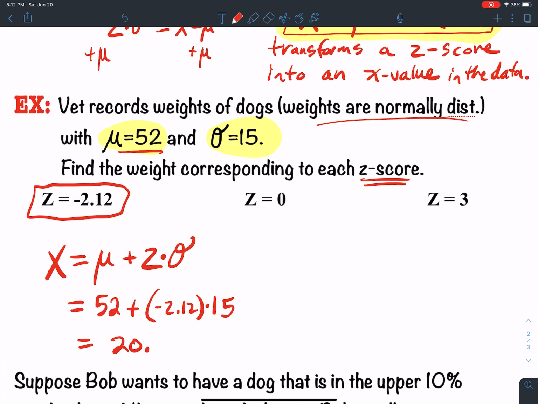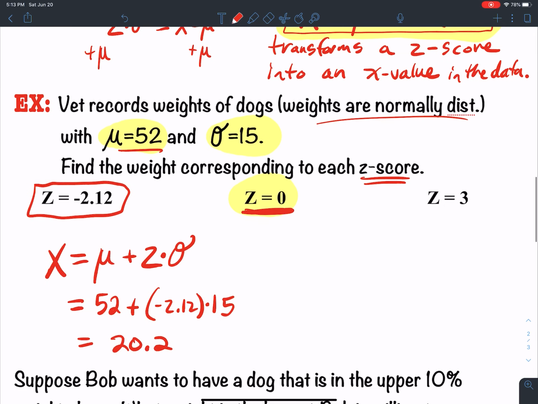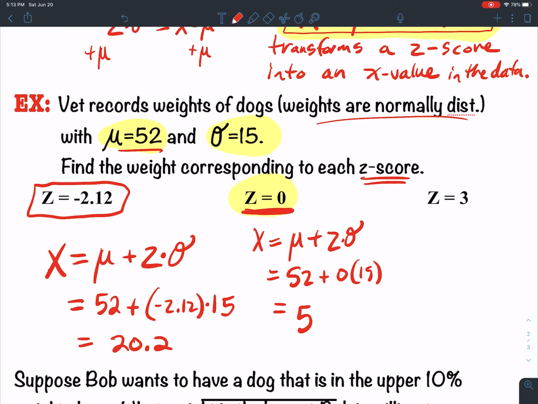I get 20.2. Now, if z equals 0, remember, you can have a z-score equal to 0. That's whenever the value is actually equal to the mean, but we'll work through the math anyway. The mean plus z times the standard deviation, so this is going to be 52 plus 0 times 15, which is 0, so this is just 52. Okay, so we're going to say the weight is in pounds.